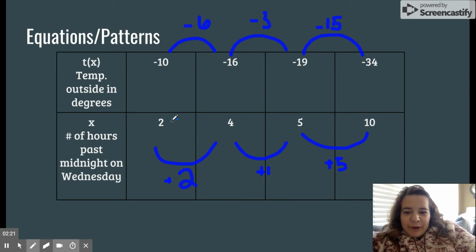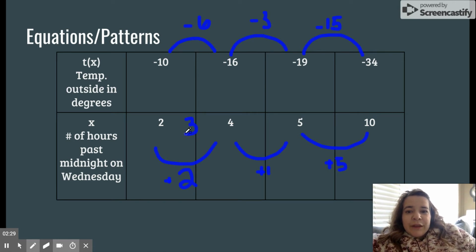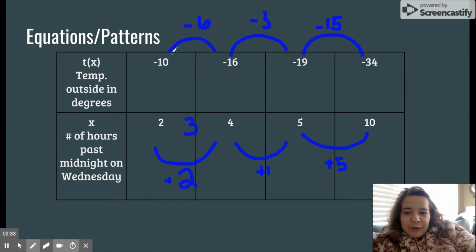But what I like to do is, since these jumped between numbers, let's fill in what it would have been at 3 a.m. If in 2 hours it dropped 6 degrees, I hope you agree that each hour it's dropping 3 degrees. So that would put negative 13 as the temperature for 3 a.m. 4 a.m. was negative 16, so it's still going down by 3 each time.